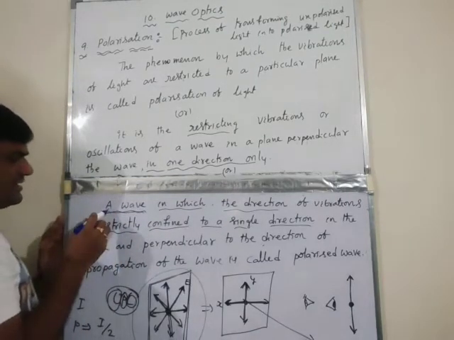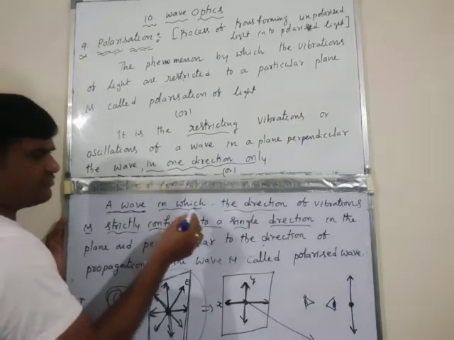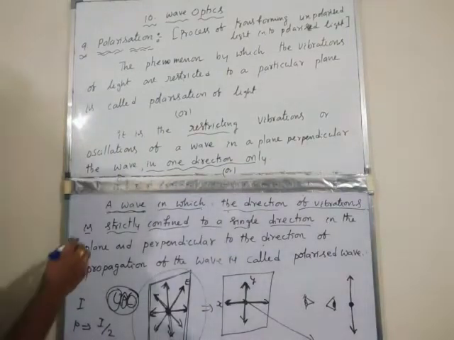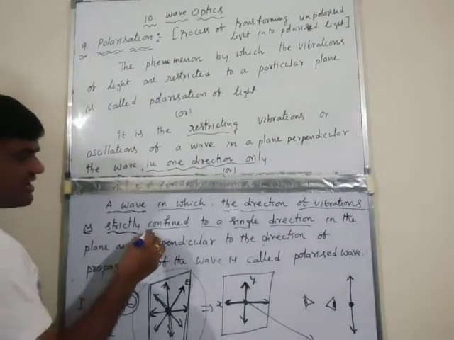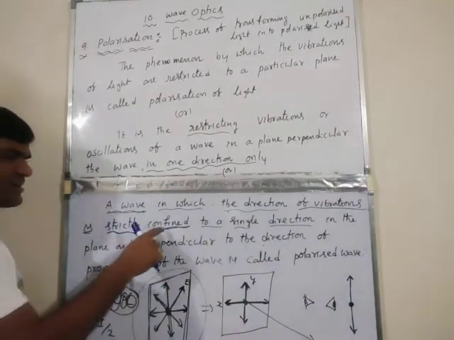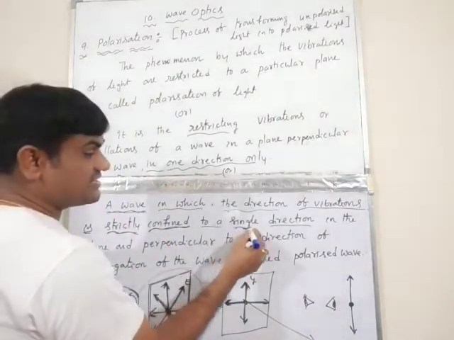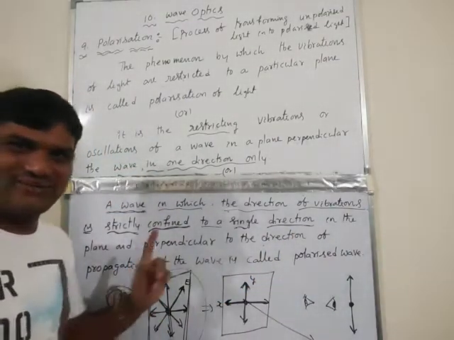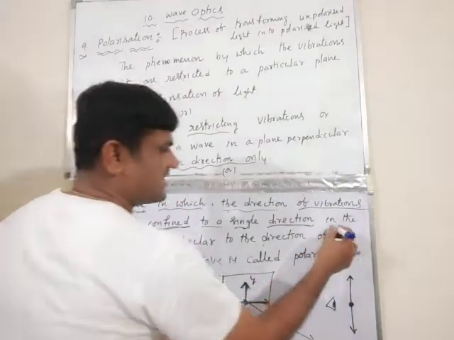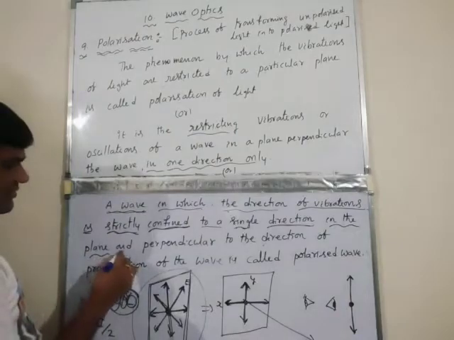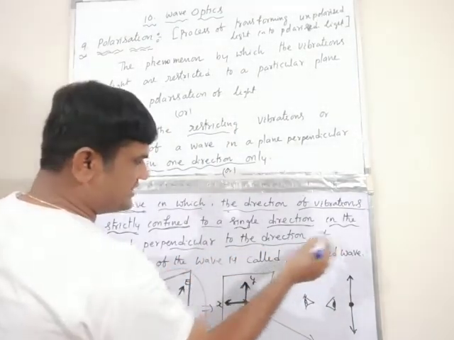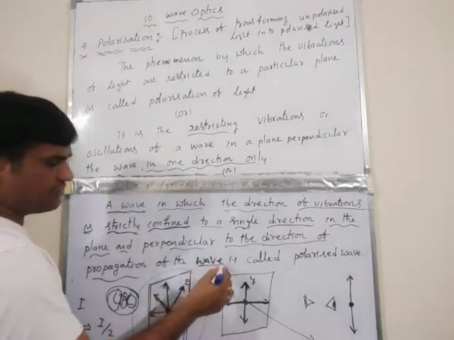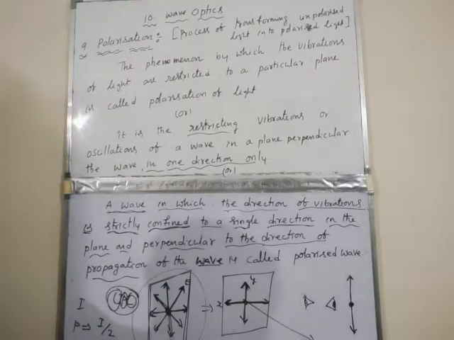It is a wave in which the direction of vibrations is strictly confined to a single direction. Here more directions will be there, but we want to get only a single direction in the plane and perpendicular to the direction of propagation of the wave. That is called a polarized wave.